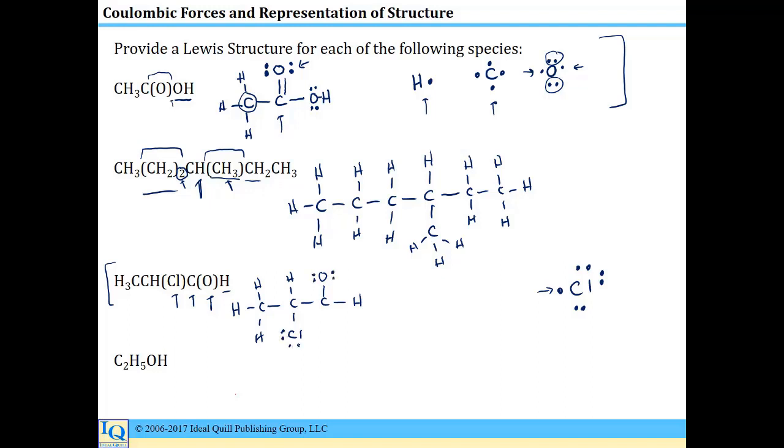Chlorine should have 3 lone pairs in this neutral compound. And we find that the only atoms that don't have the correct number of bonds in this Lewis structure yet are the carbon and oxygen, each of which needs 1 more bond, and we accomplish that by making a double bond between the 2. And now we have the correct Lewis structure for that condensed formula.